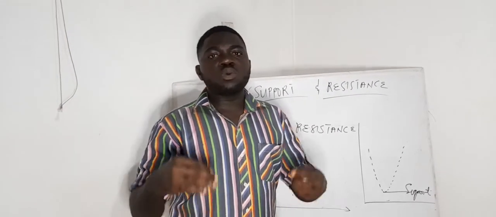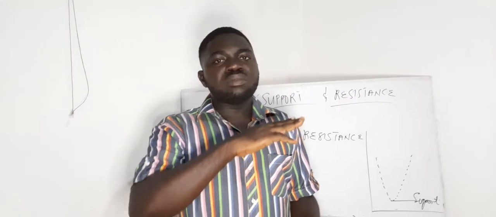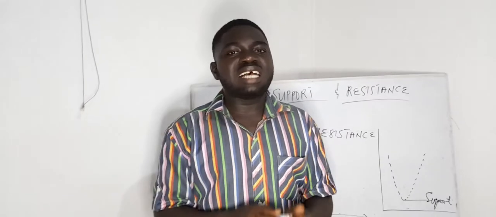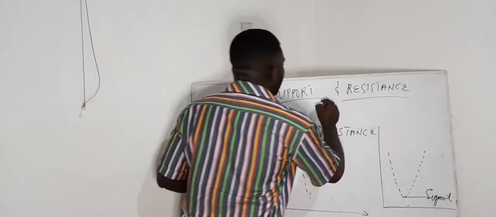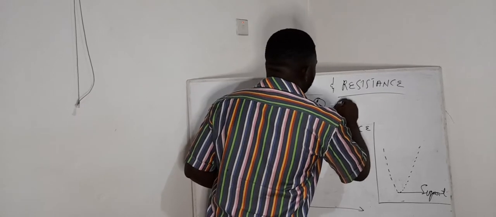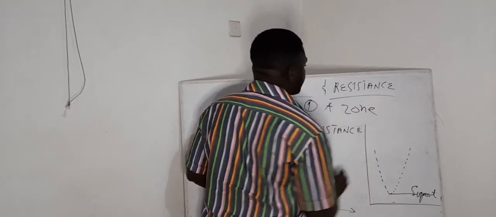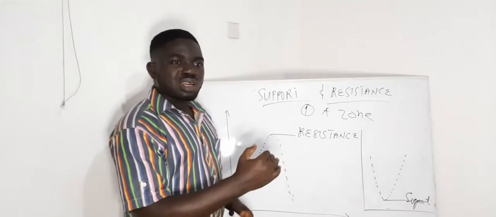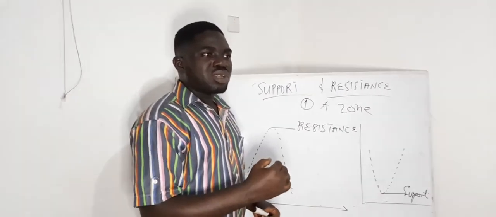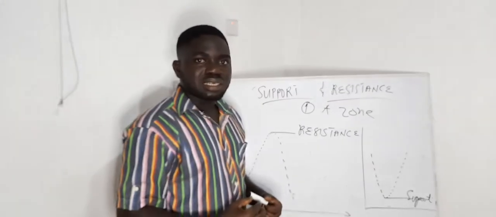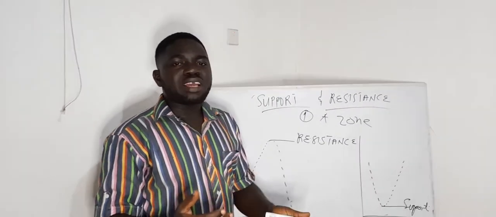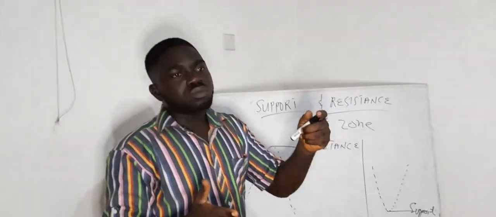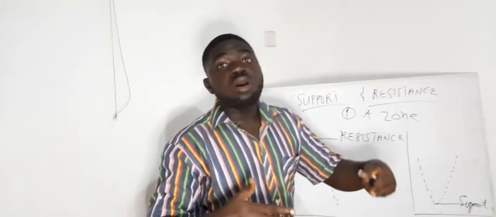All right. Now I want us to look at the features of support and resistance. Now, understand that support and resistance is not one price, or it's not a single price in the market. It is considered as number one, a zone. Okay, support and resistance is a zone. When we say support and resistance, we are talking about a zone in the market, which could be a price range of as little as 15 to 50 pips or even more.